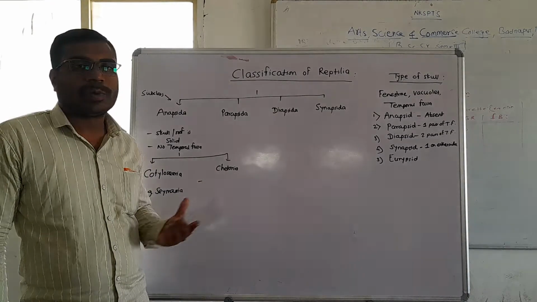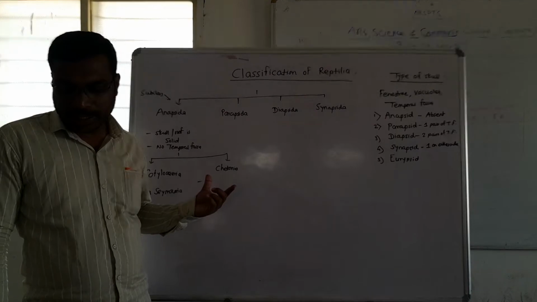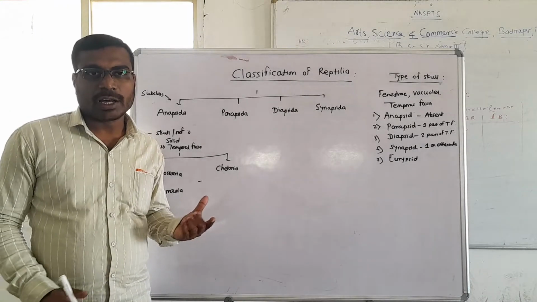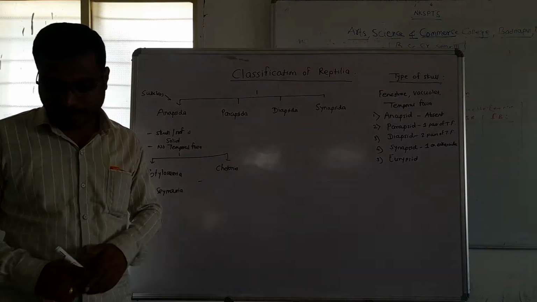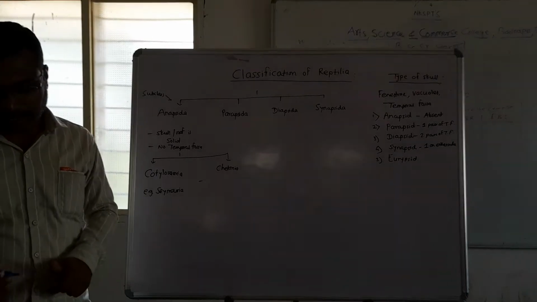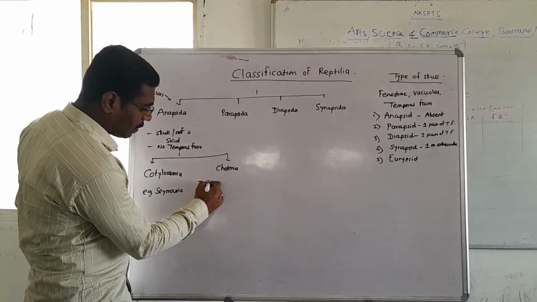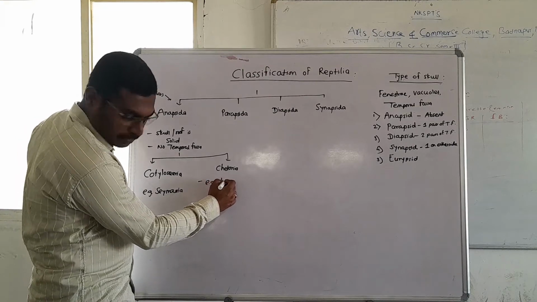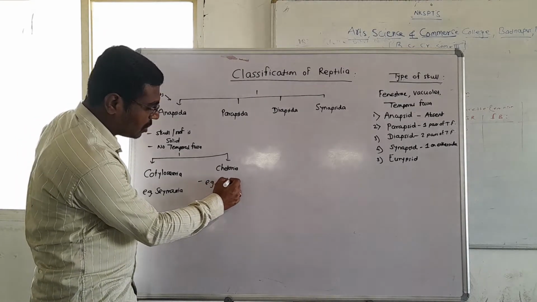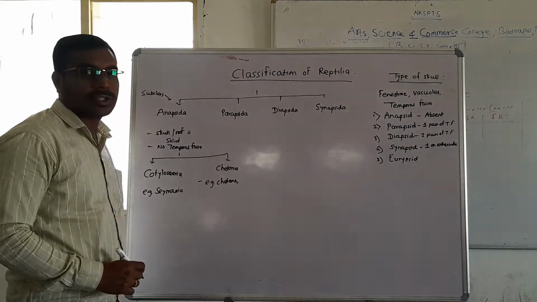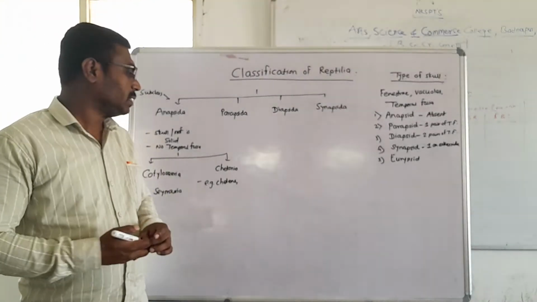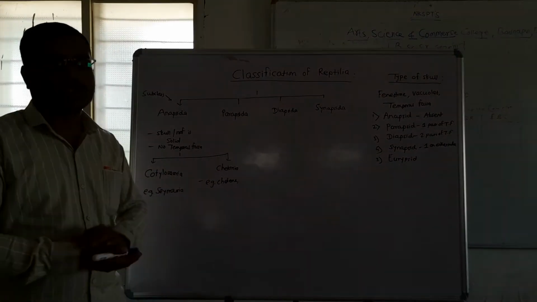A tail is also present. Their jaws are without teeth. Some examples are chelem, tortoise, kachua, etc. These are included in this order.